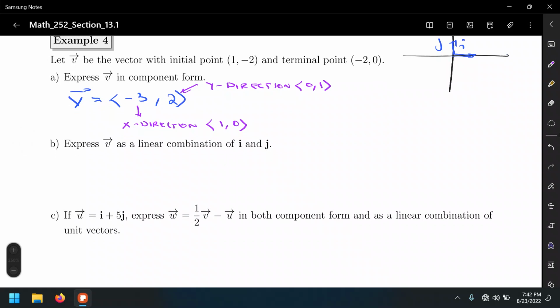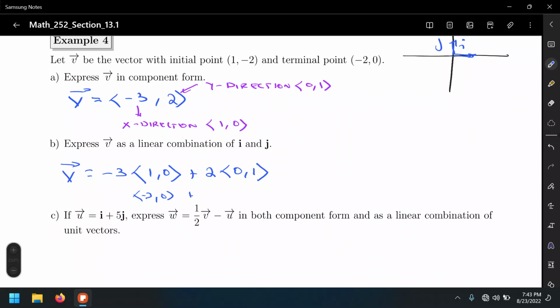So what we're going to do in this case is write v equals -3 times 1, 0 plus 2 times 0, 1. All right? So if we perform this addition of vectors right here, -3 times 1, -3 times 0, that's going to give us -3, 0, isn't it?